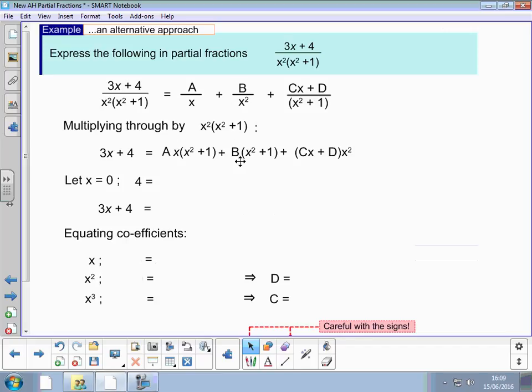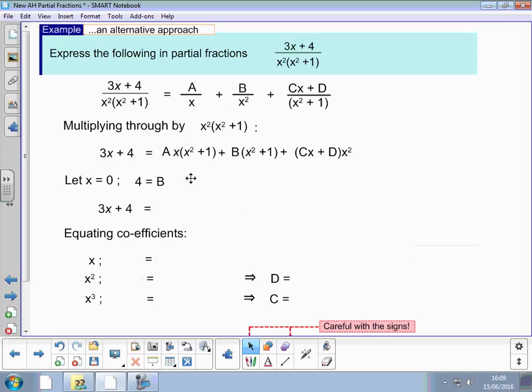So in effect, we're just going to be left with this b term. We're replacing x with 0, so we're going to get rid of everything apart from the b, and of course the left hand side here, when we replace x with 0, we get a 4, and that just becomes b on the right hand side. Nothing plus 1. It just gives us 1b.